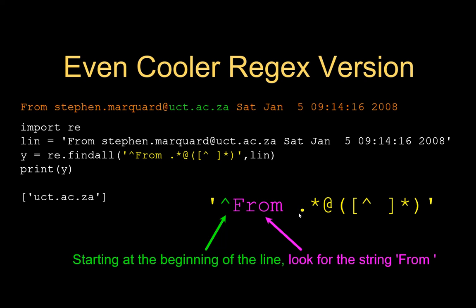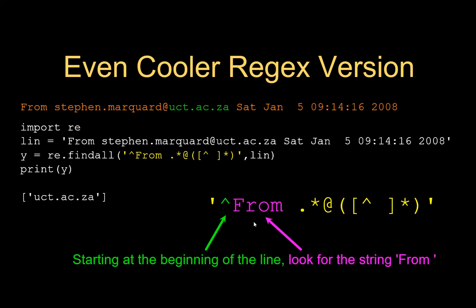Then whatever. So dot star means that whatever is before the at sign is, for example, here Stefan, that family name. This covers that portion. We get to the at sign, and this portion we discussed already.